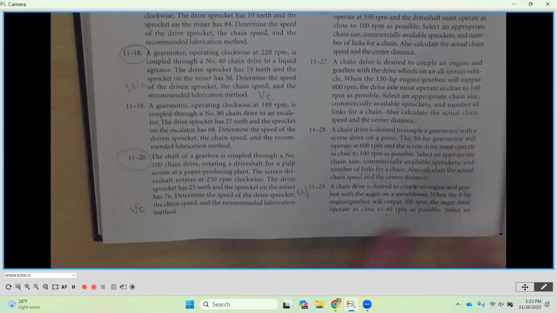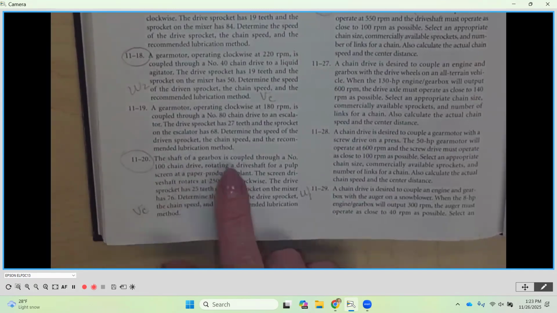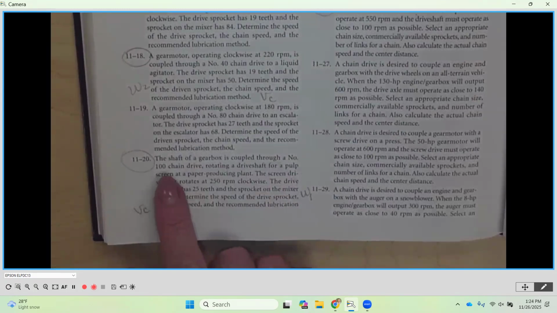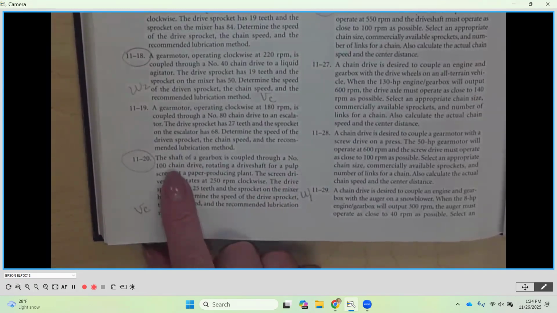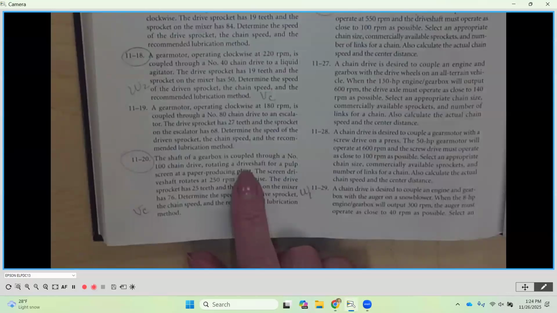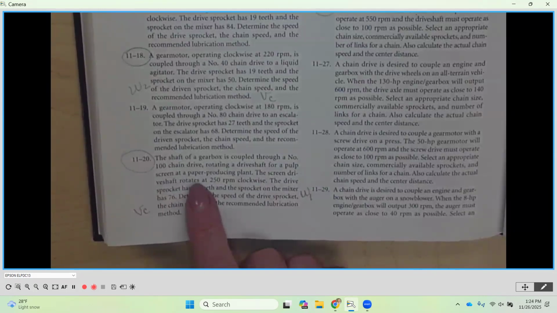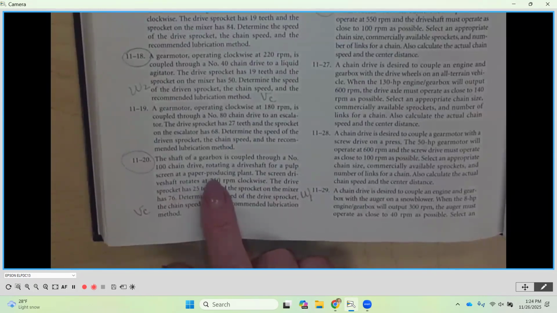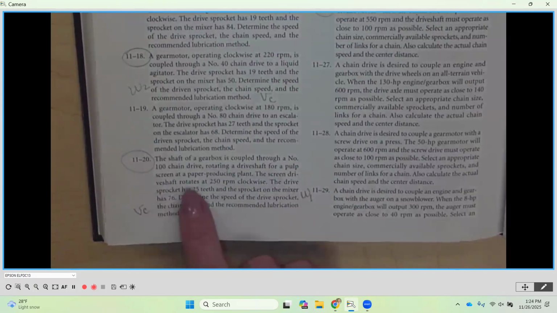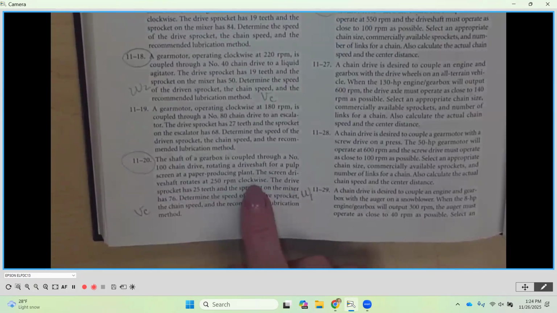The next one that you have here is going to be 1120. We have a shaft on a gearbox coupled through a number 100 chain drive, rotating a drive shaft. So this is going to be the driver of a pulp screen at a paper producing plant. The screen drive shaft operates at 250 RPM clockwise.